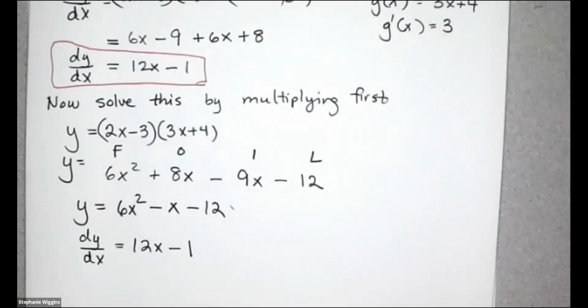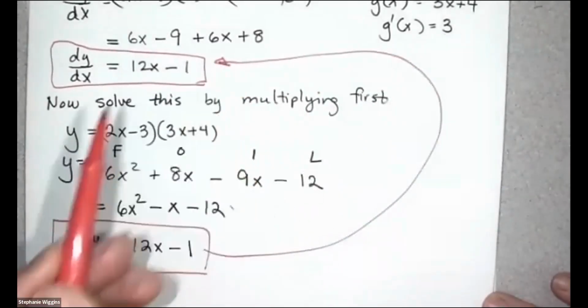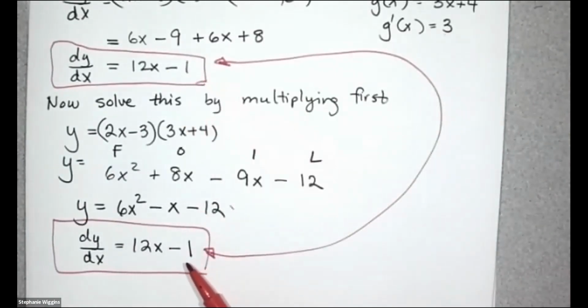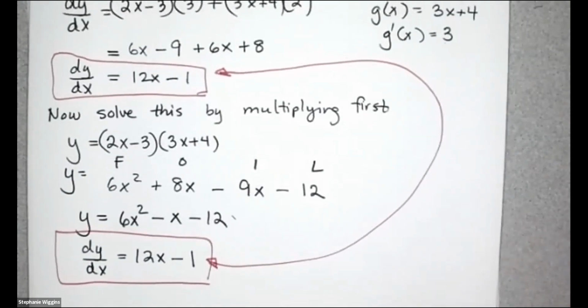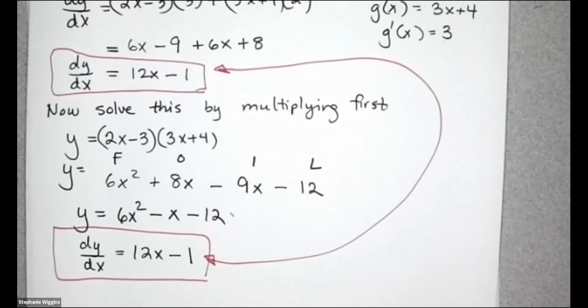And as you can see, as it should, it matches our first answer, because we were taking the derivative of the same function. So obviously, we're going to get the same answer. But we just did it in 2 different methods. And it's a way of showing you that the product rule does work. Sometimes it's easier to use the product rule. Sometimes it's easier to multiply first.